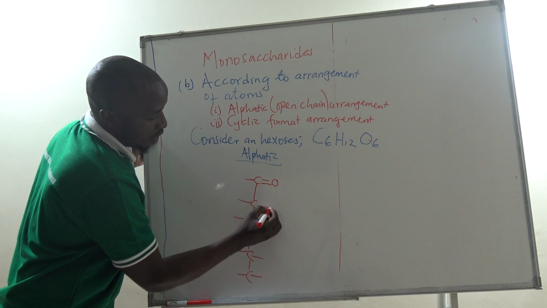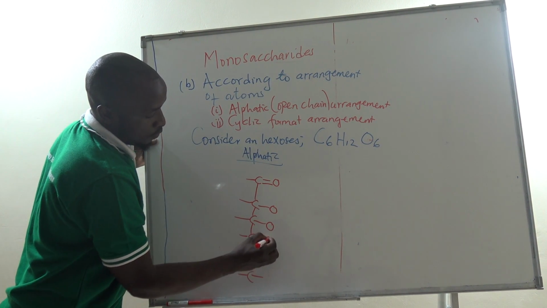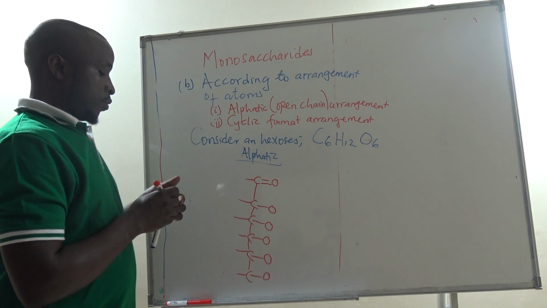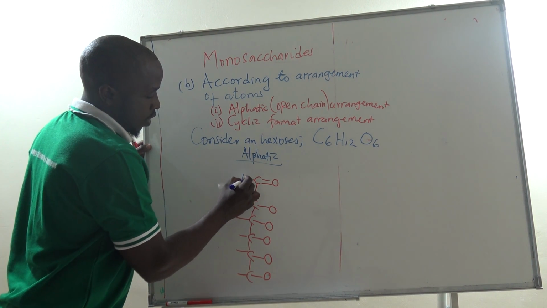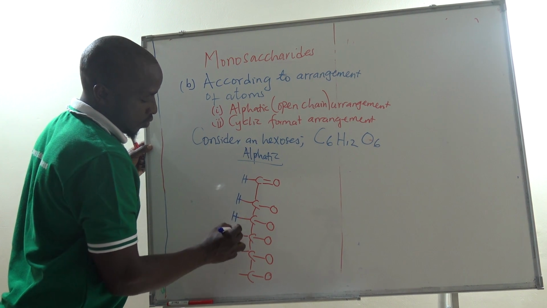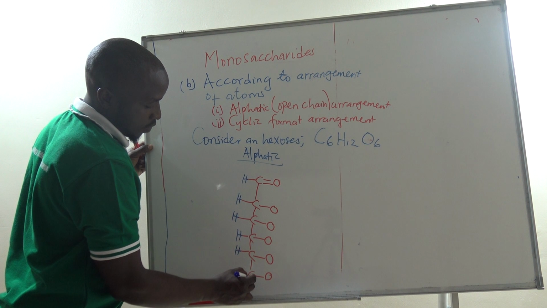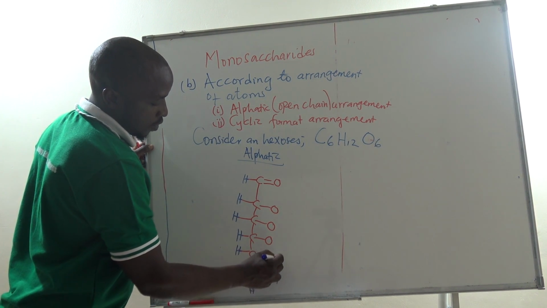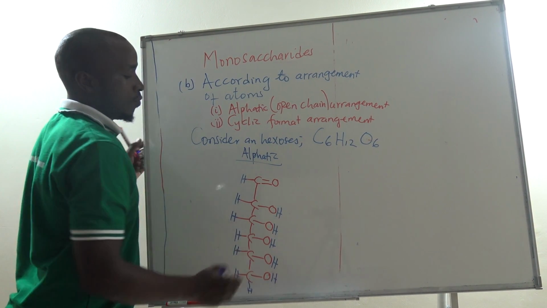So this is the second oxygen, the third, the fourth, the 5th, and the 6th. Then hydrogens will be 1, 2, 3, 4, 5, 6, 7, 8, 9, 10, 11, 12.